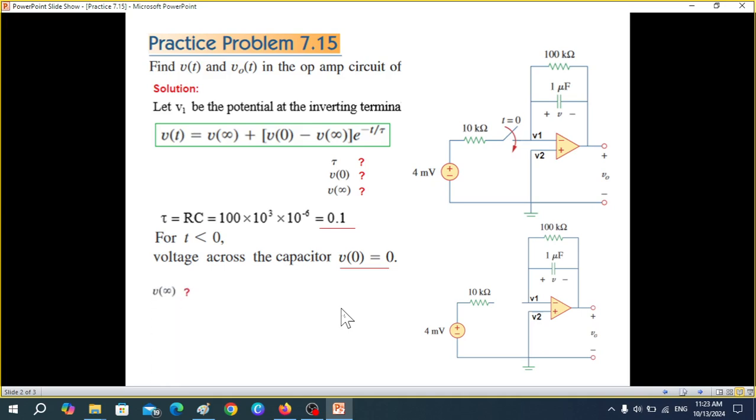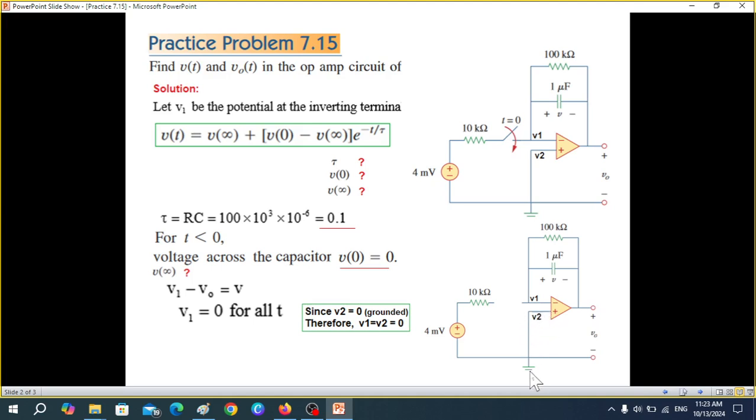Now we need to find V infinity. And before finding V infinity, let's find this formula. Learn this formula. From here you can see that V1 minus V0 is equal to V. But V1 is 0 because V2 is 0, and we know that V1 is equal to V2 always.